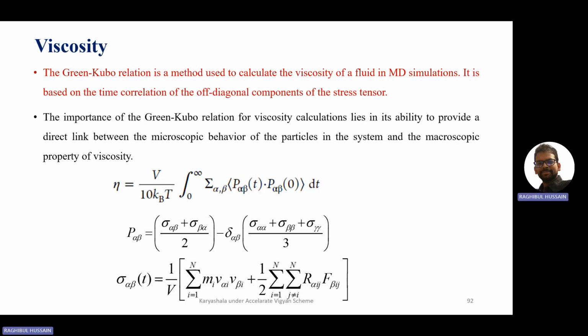For each atom, the mass will be multiplied by the x direction velocity and the y direction velocity, and that will be summed up. Clear? In the next case, we have the force component, and we have the distance component of i and j.